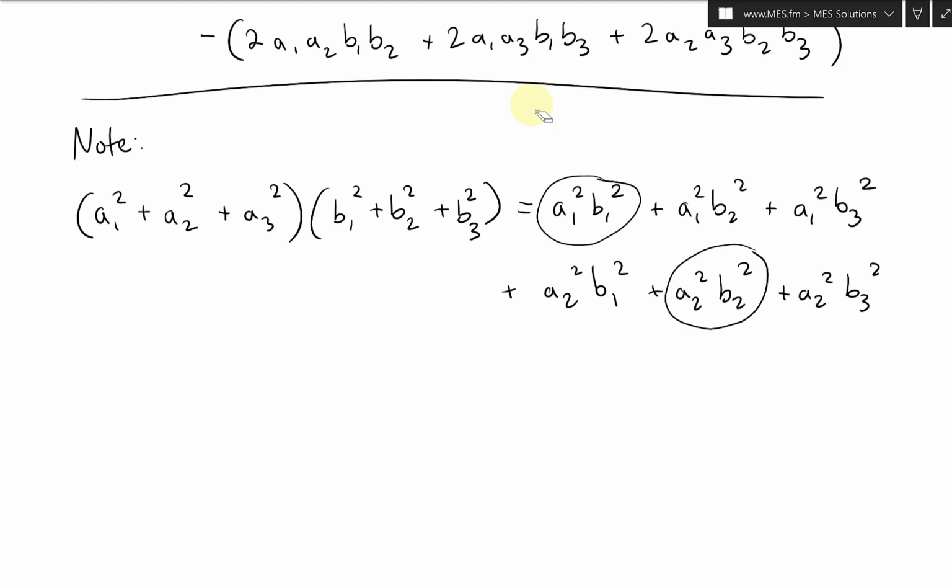And let's do one more: multiply this by this by this and add them up. This equals 2 plus we'll have an A3 squared, B1 squared, and then plus, and you can see the pattern. Very interesting. A3 squared, B2 squared, and the next one is A3 squared, B3 squared again.